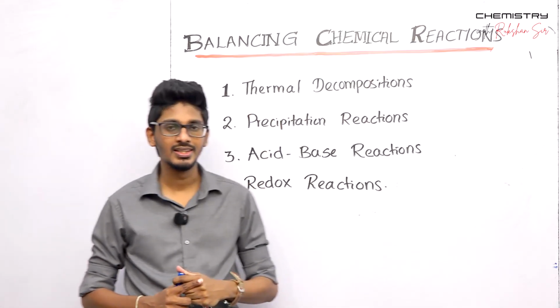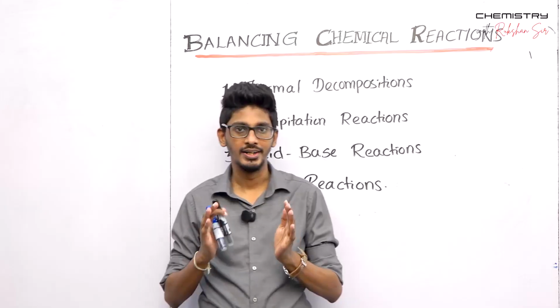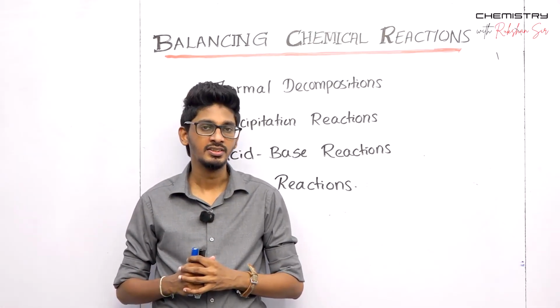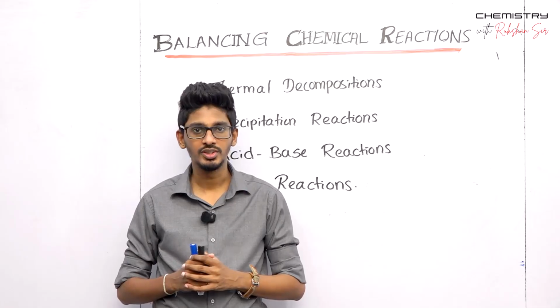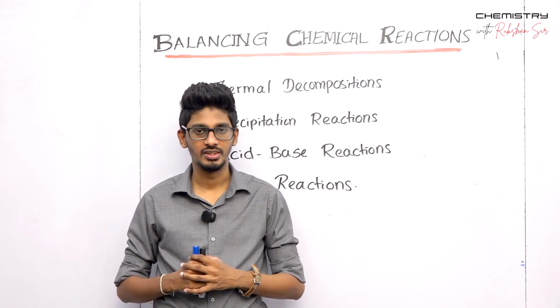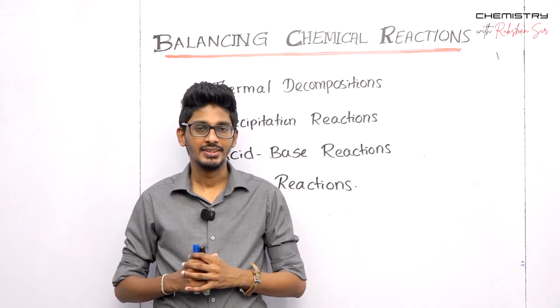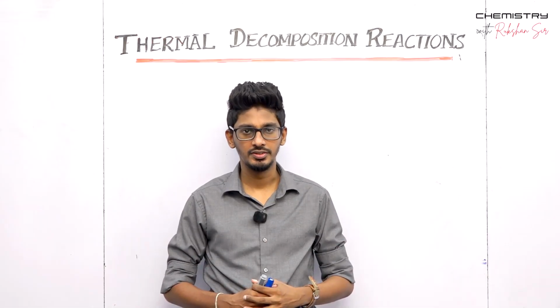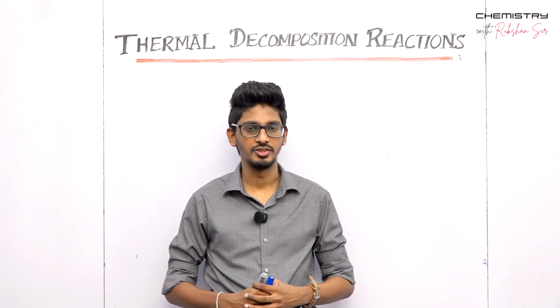Let's discuss how to write the thermal decomposition reactions and how to balance them, and then how we can use those thermal decomposition reactions in chemical calculation questions. Right, those are the things we are going to discuss today. Let's start the discussion about thermal decomposition reactions.